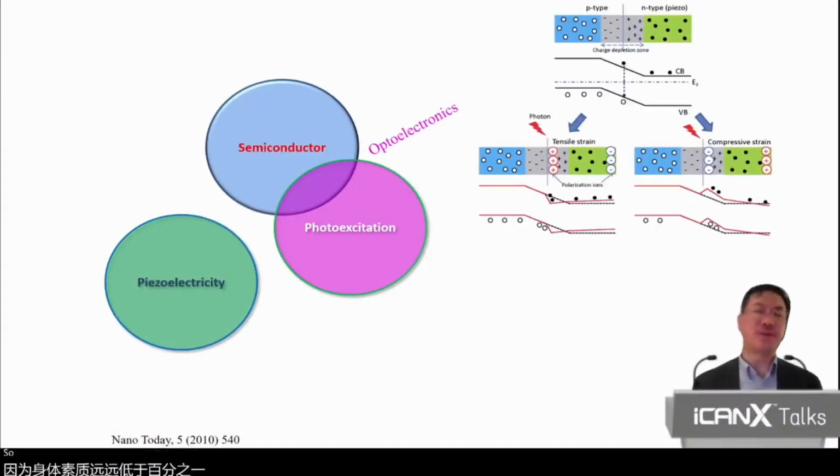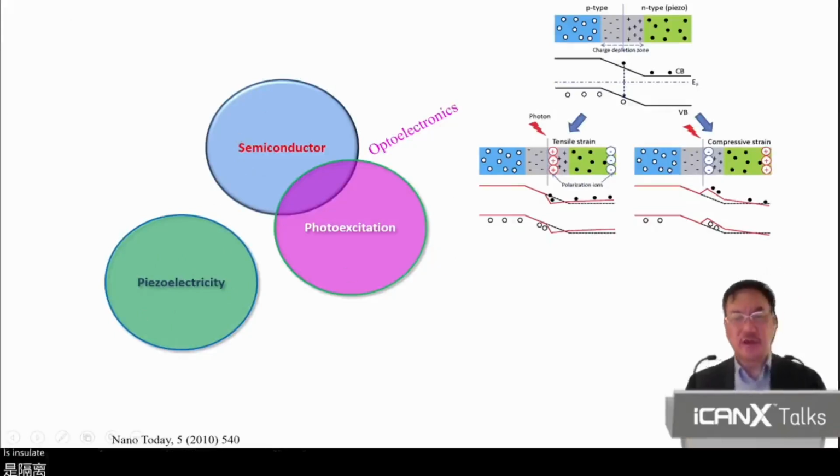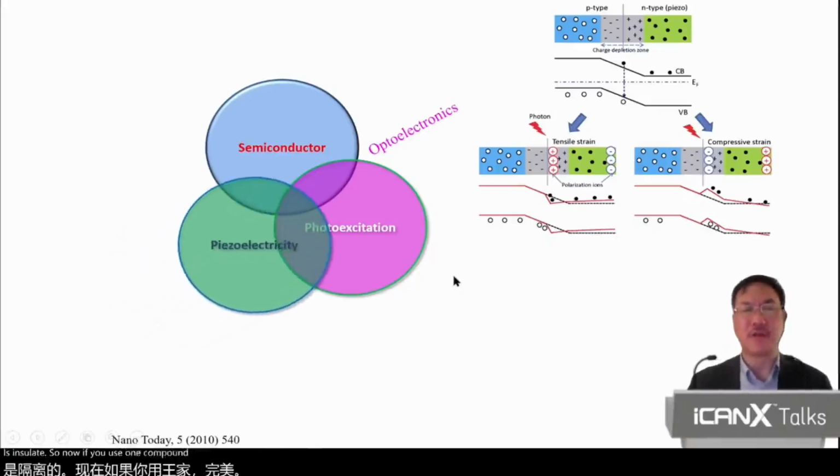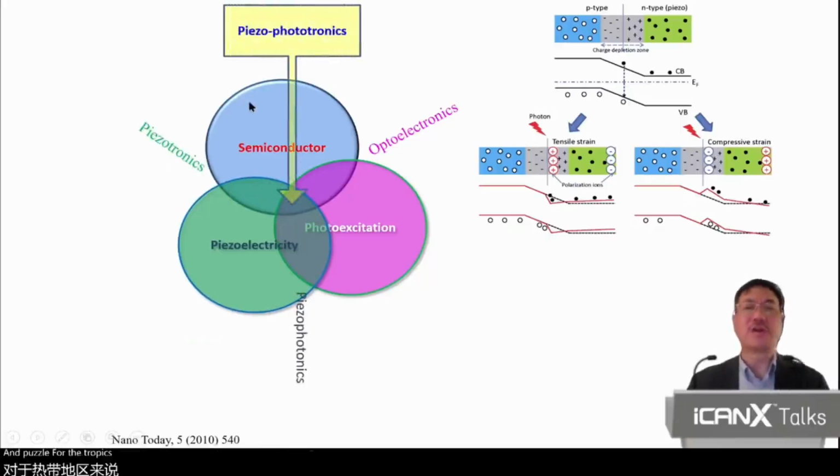So the material they utilize is PZT. PZT is a good piezoelectric material, but not a good piezoelectric semiconductor. It's an insulator. Now if you use a compound semiconductor like gallium nitride, you bring them together and have piezotronics and piezophototronics, which are new areas.